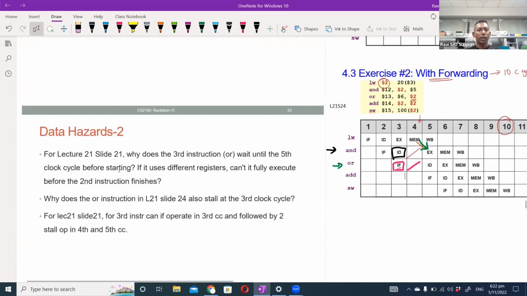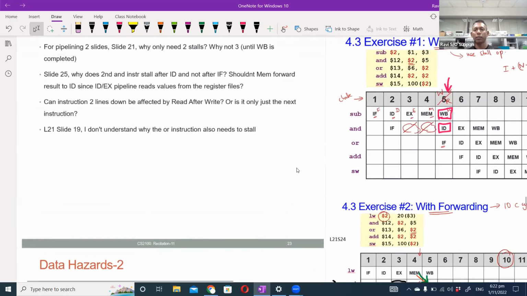Why does the third instruction wait until the 5th clock cycle before starting? It's coming back to this again, the same thing. My earlier instruction here is already in the fetch stage and I already stalled. So I cannot put another instruction in the fetch stage until this instruction goes to the decode stage.